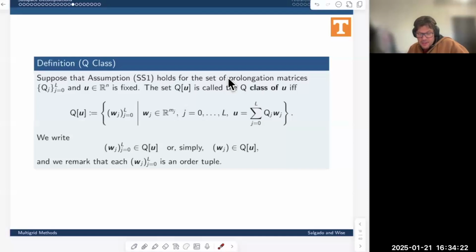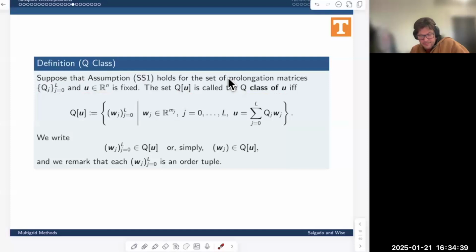Suppose that assumption SS1 holds for the set of prolongation matrices QL, and suppose that U is fixed. Then the set QU is what I call a Q class of U. So what is the Q class of U?